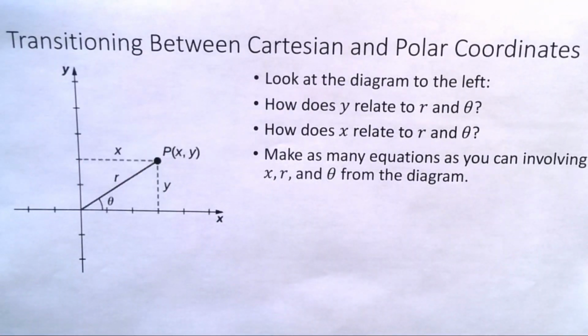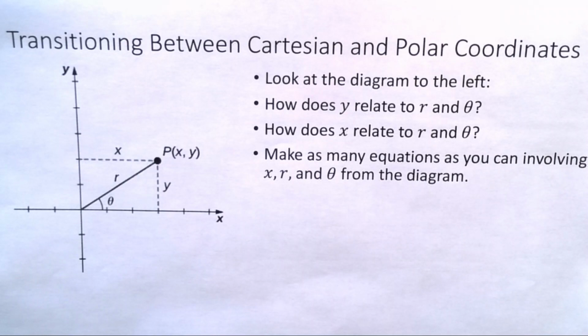Now, we have a diagram that shows the polar measurements as well as the Cartesian measurements for a point P, which is located at x, y on a graph. What I want you to do for this is think about how many ways you can compare x and y with r and theta.